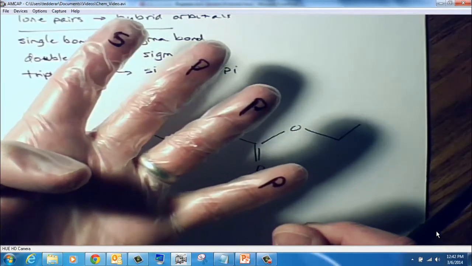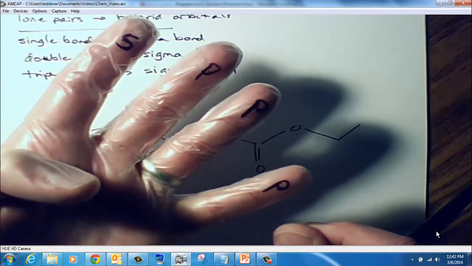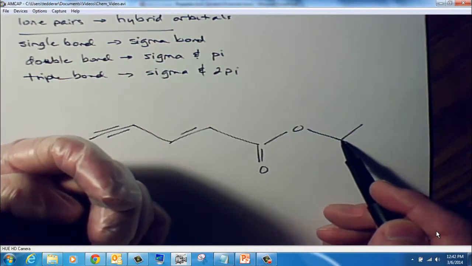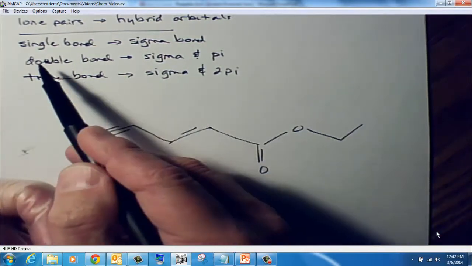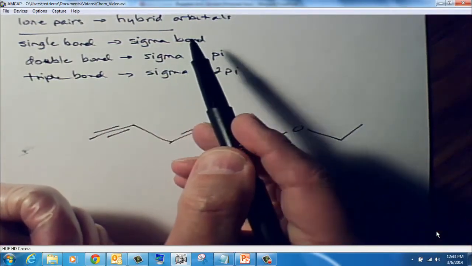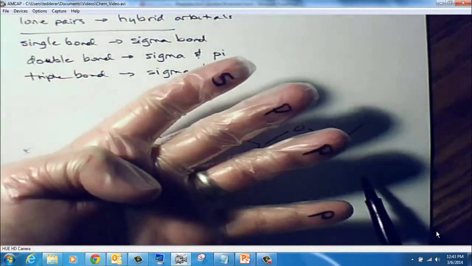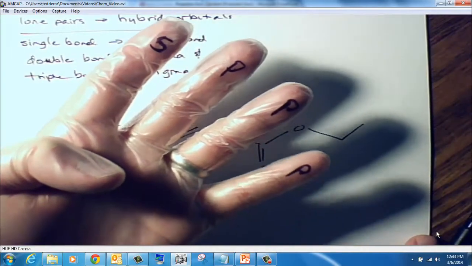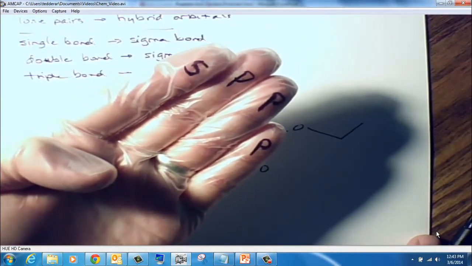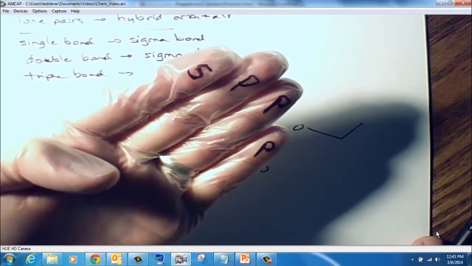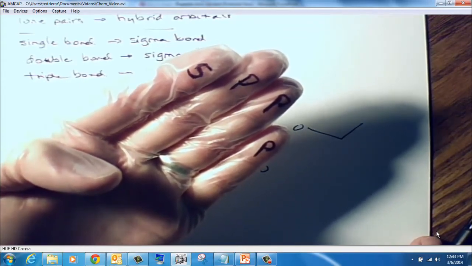Got that? All right. I have 4 single bonds. Single bonds are sigma bonds. Sigma bonds come from hybrid orbitals, right? There are our valence orbitals. We're going to hybridize all of them. What's the hybridization going to be? sp3. That make sense?